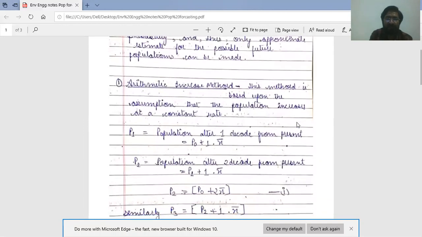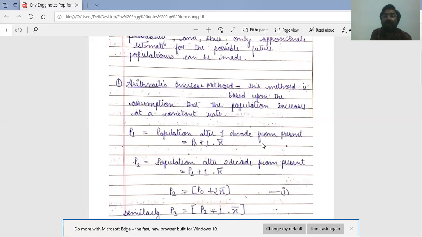Arithmetic increase method. This method is based upon the assumption that the population increases at a constant rate. Now understand this method. We derive the formula. P1 is equal to the population after 1 decade from present.